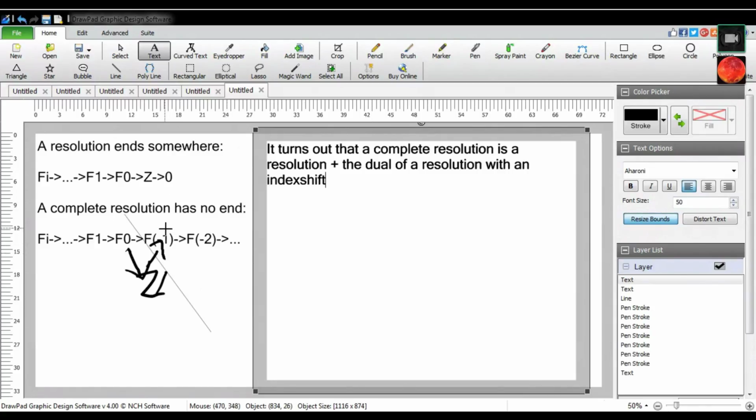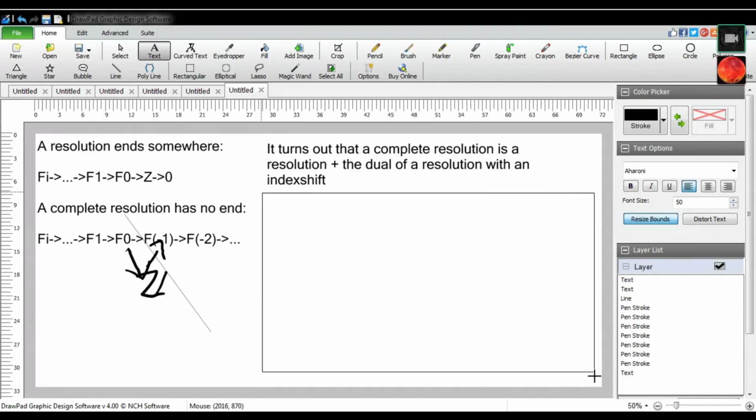Okay, what do I mean by an index shift? This F_-1 is the first term of the backwards resolution. This should be some F0. So we take a resolution, we take the dual of a resolution, shift the index of the dual of the resolution, and we glue these together with the map I just drew, and this gives us a complete resolution.